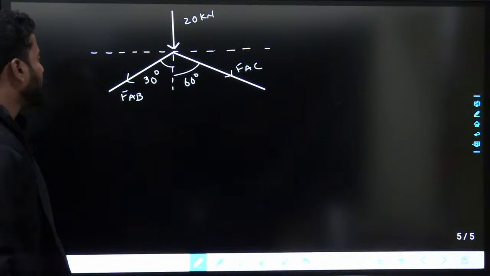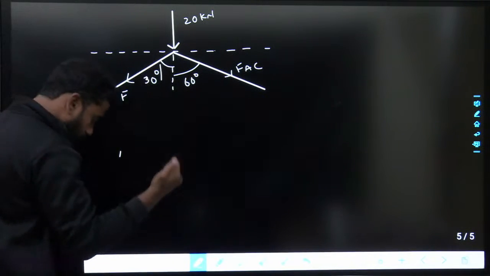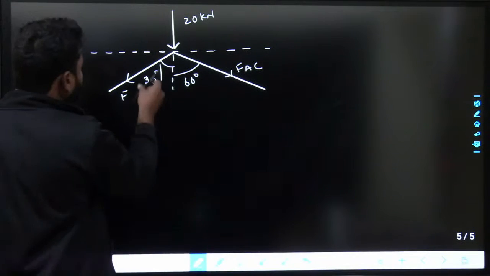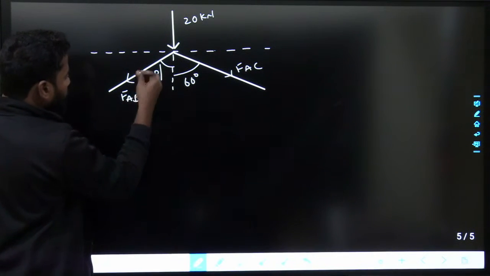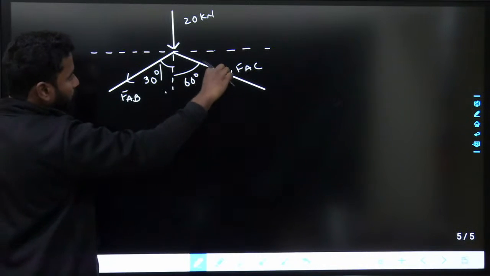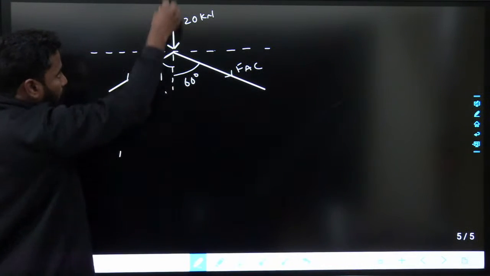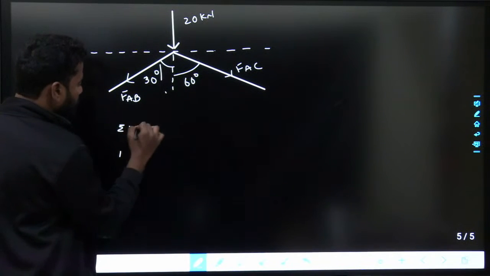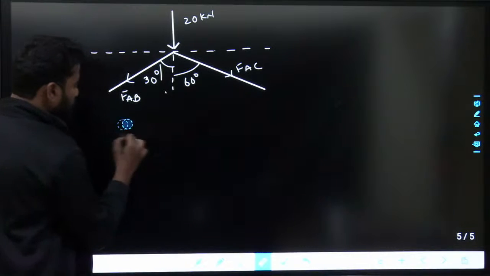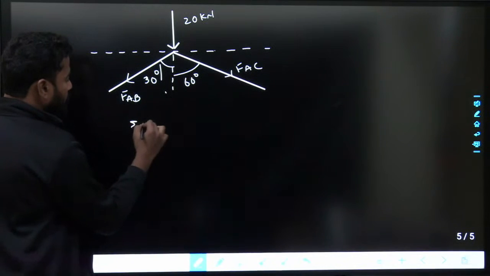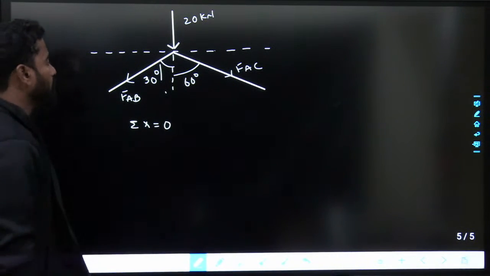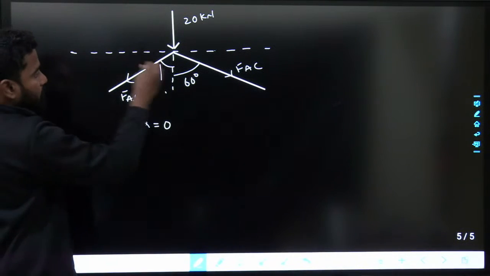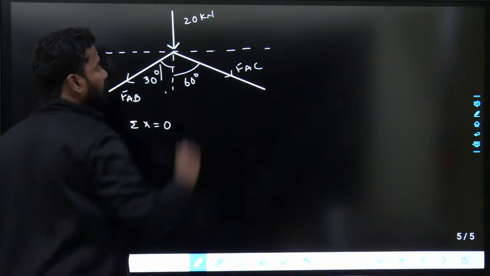If I try to resolve it into the components, FAB cos 30, FAC cos 60 and 20. Everything is downwards. So first I'll write sigma x equals to 0. FAB sin 30 will be like this, FAC sin 60 will be like this.